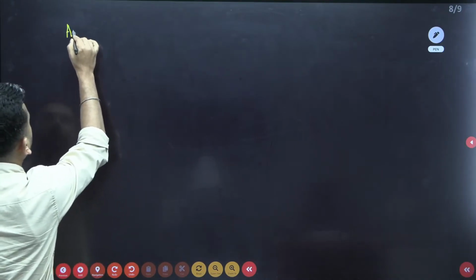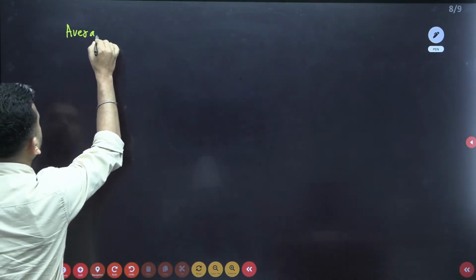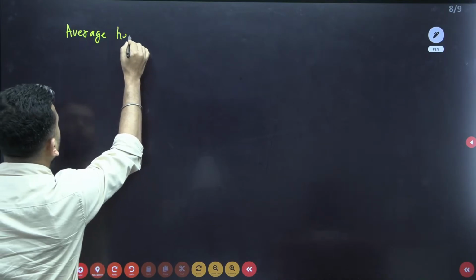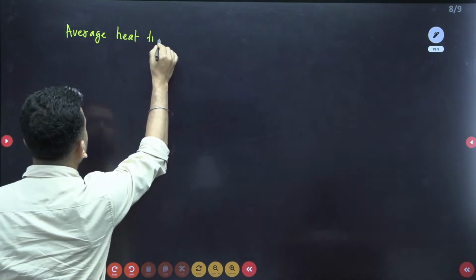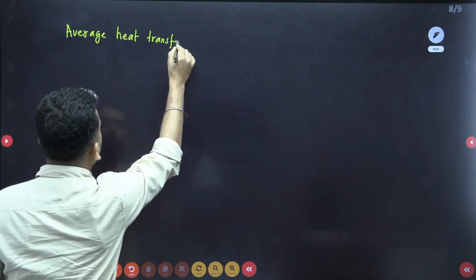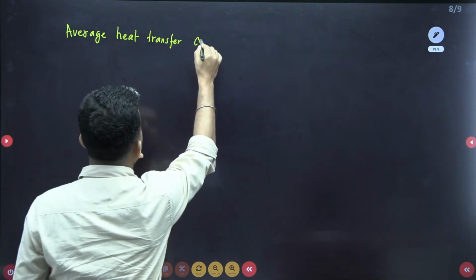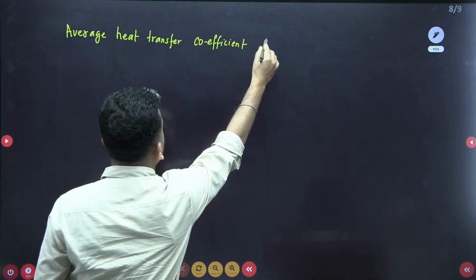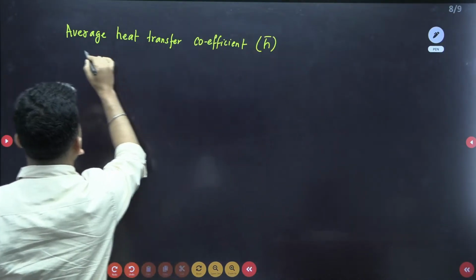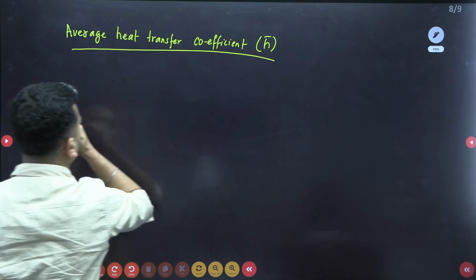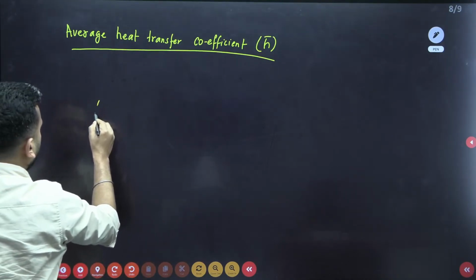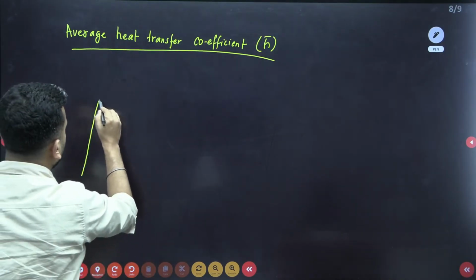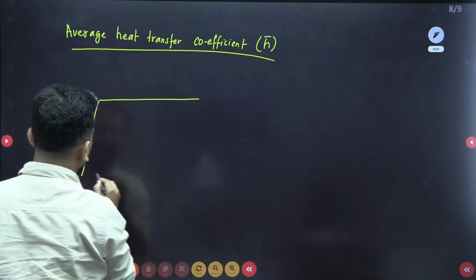So the average heat transfer coefficient, that is the H bar. How do we get H bar? So just assume that this is the plate.